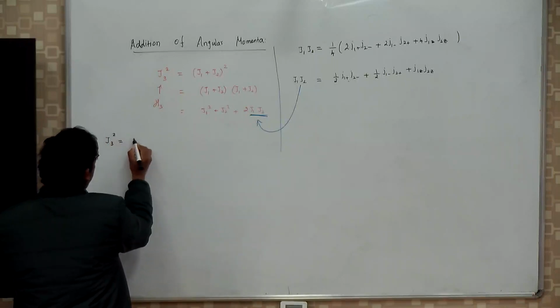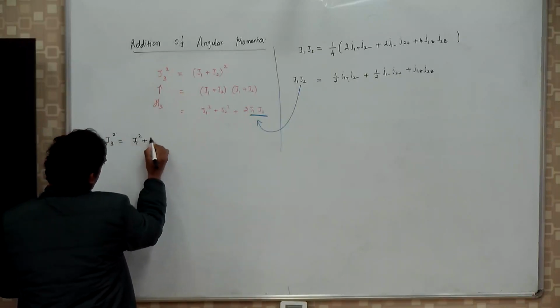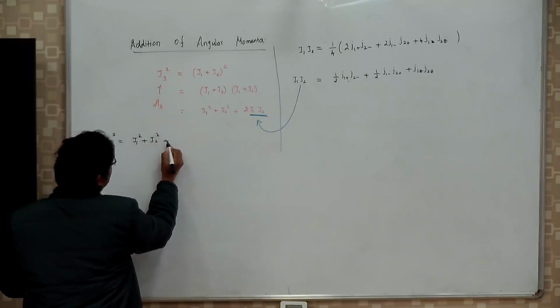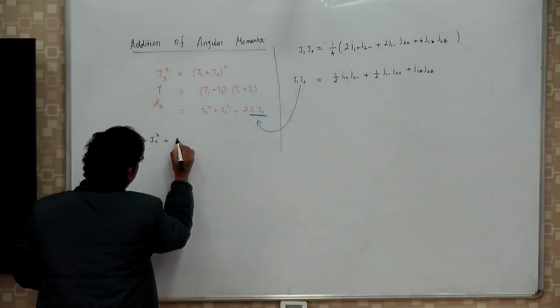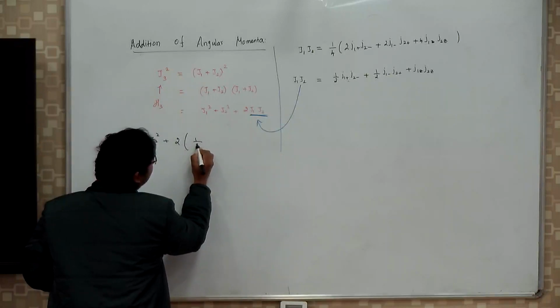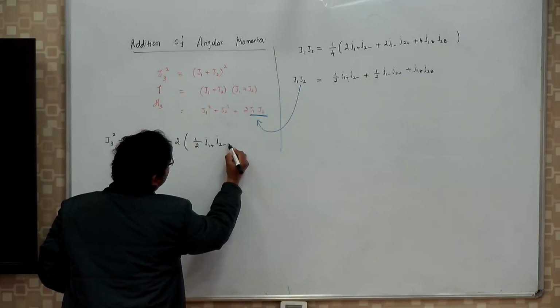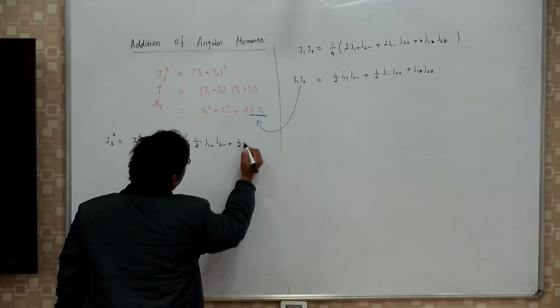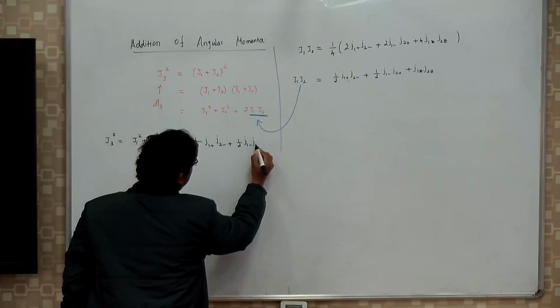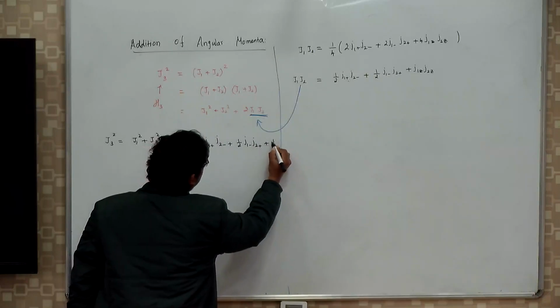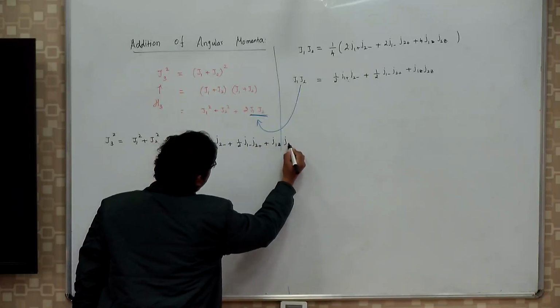J3 squared is nothing but J1 squared plus J2 squared plus twice 1 by 2 J1 plus J2 minus 1 by 2 J1 minus J2 plus J1z J2z.